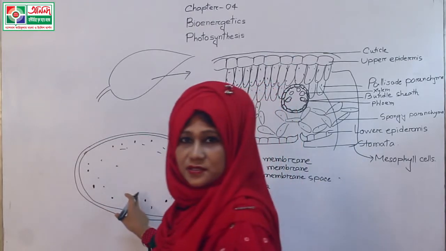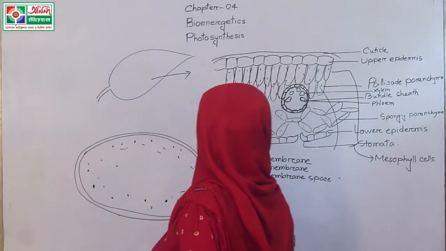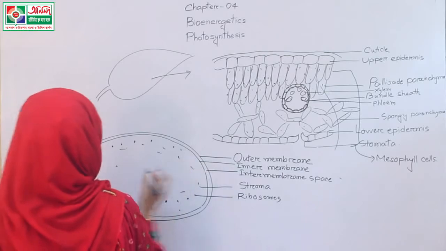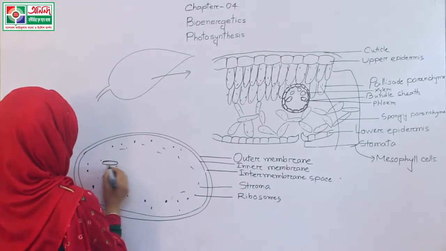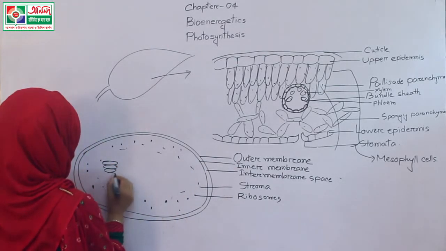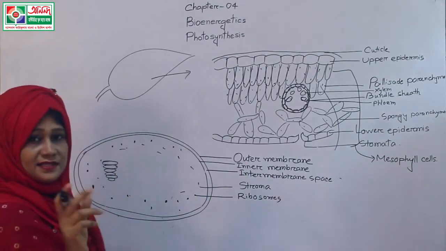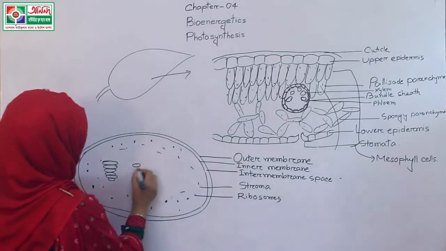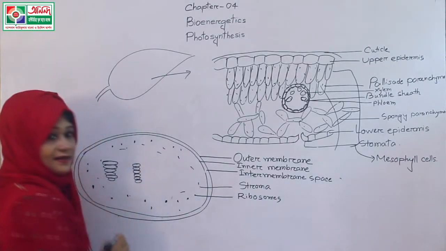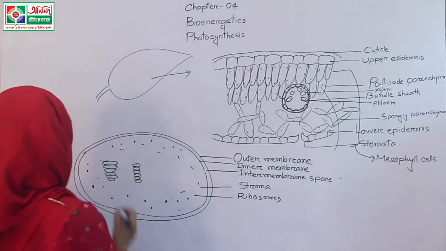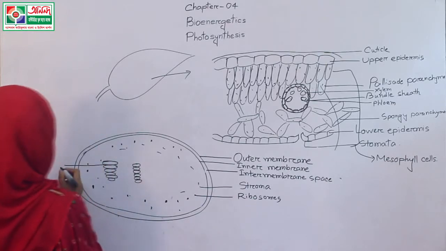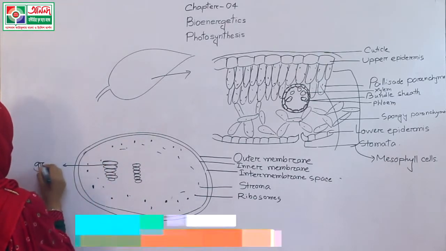Small round structures are the ribosomes. In the stroma, there are membranes. These are membranes which are stacked over each other. These membranes are known as the grana. So I am labeling grana.